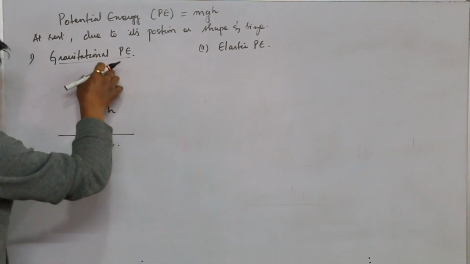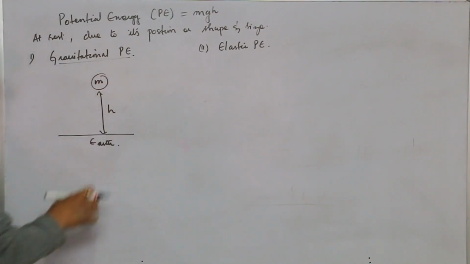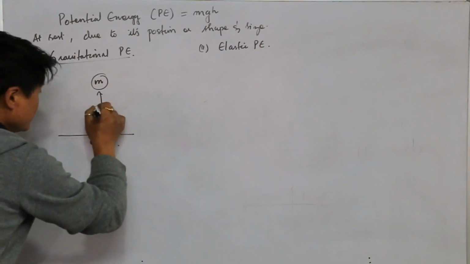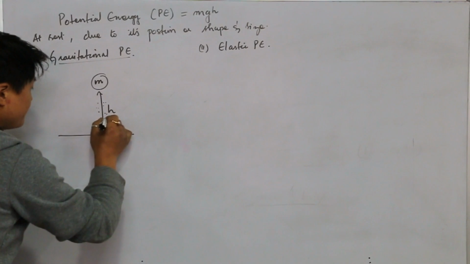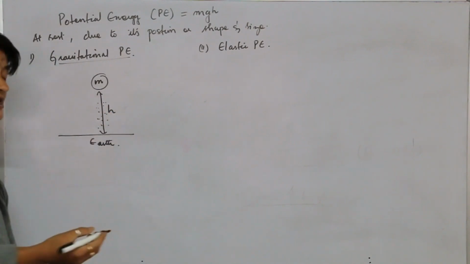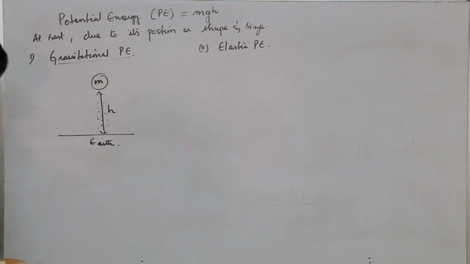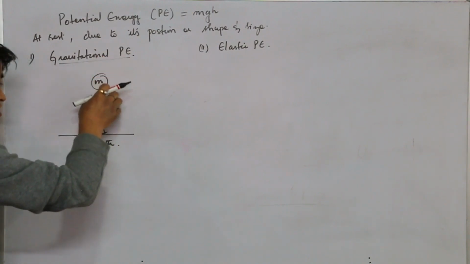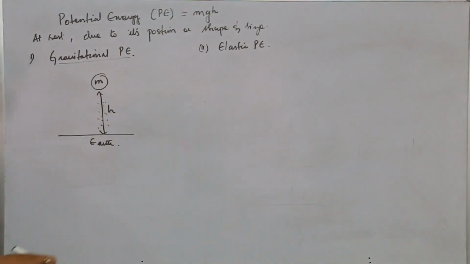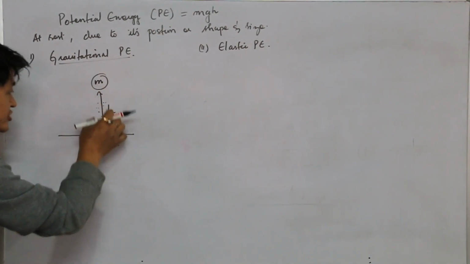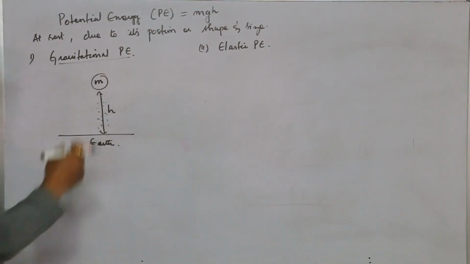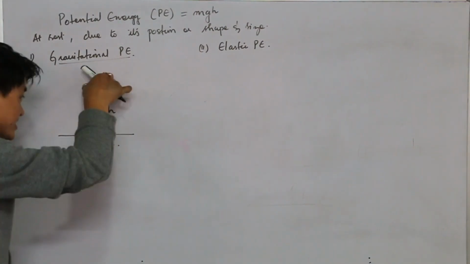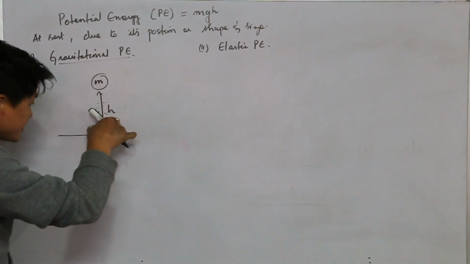So if we let this body fall freely under the force of gravity, then below this body we will have particles, dust particles, air particles, okay, and when the body will fall freely, it will force these particles to move downwards. All these particles will move downwards due to the force. These particles will experience some force. It is moving all these particles downwards.